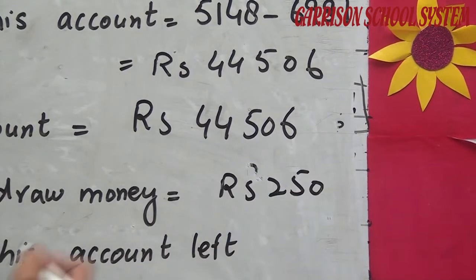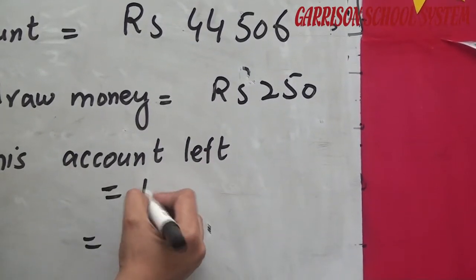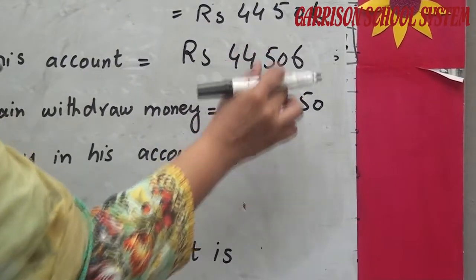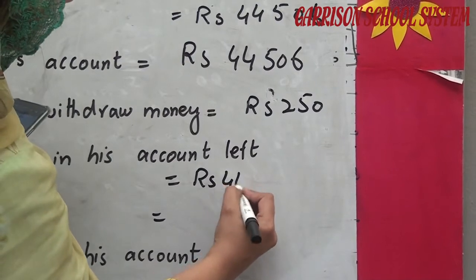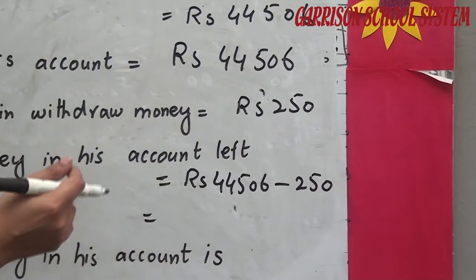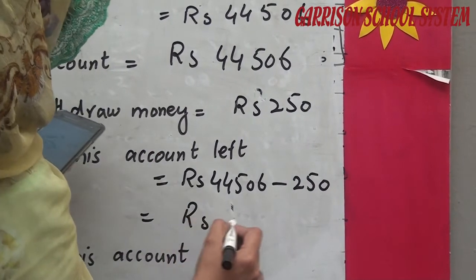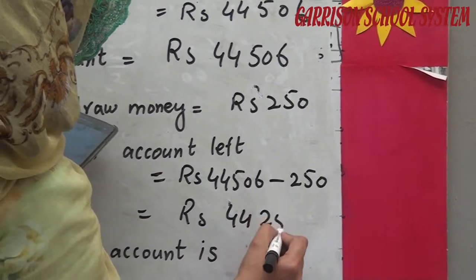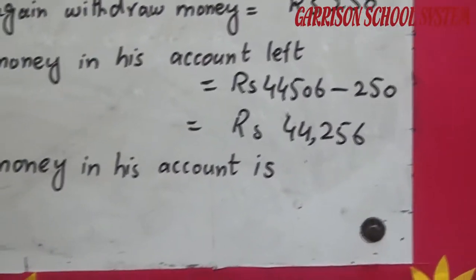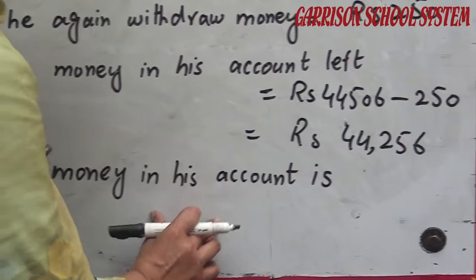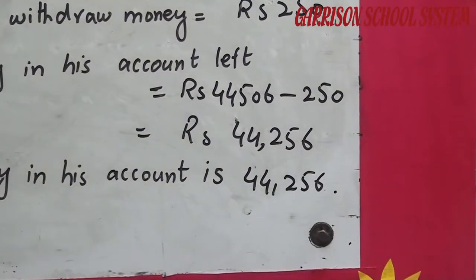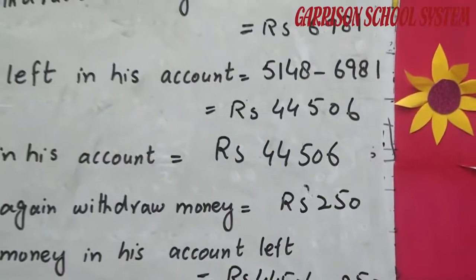Again we will subtract: he has this amount in his account, and when he withdraws 250 rupees, we subtract it. So when we subtract 250 rupees, we get 44,256 in his account. So students, now the money in his account is rupees 44,256. We have solved the second question also.